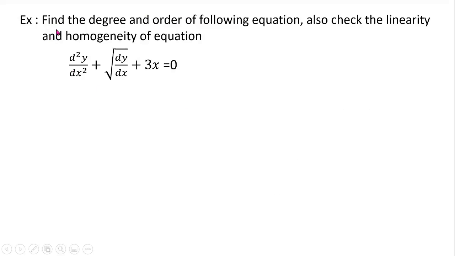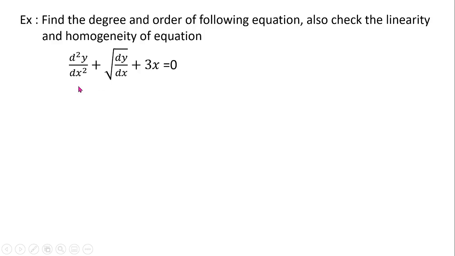Let us solve one example. Find the degree and order of this equation and also check the linearity and homogeneity of this differential equation. This differential equation involves these fractional terms. Therefore, to find the order of the differential equation, we have to remove the fractional powers.